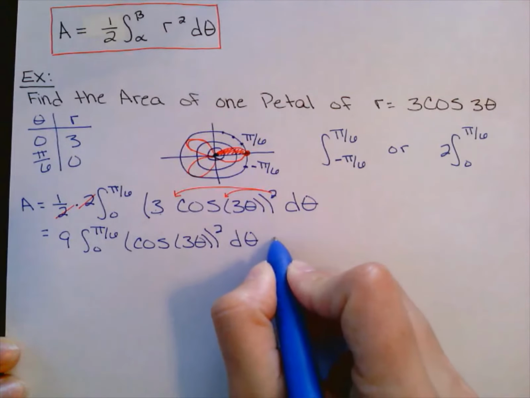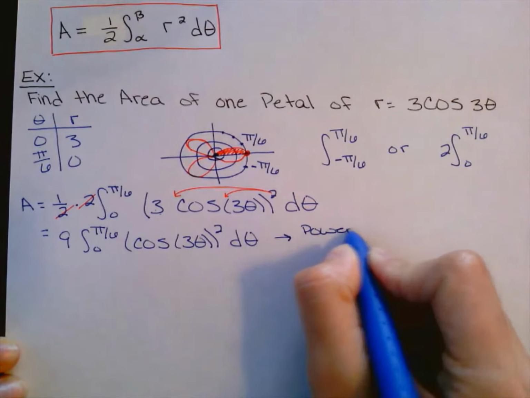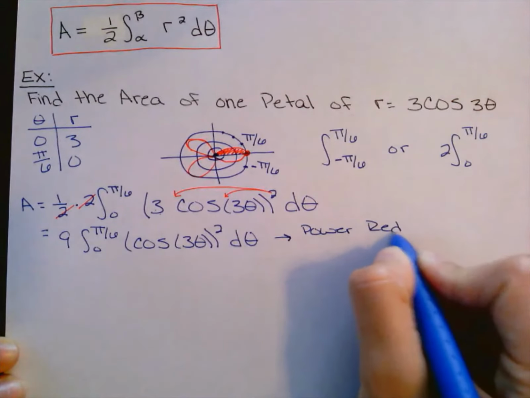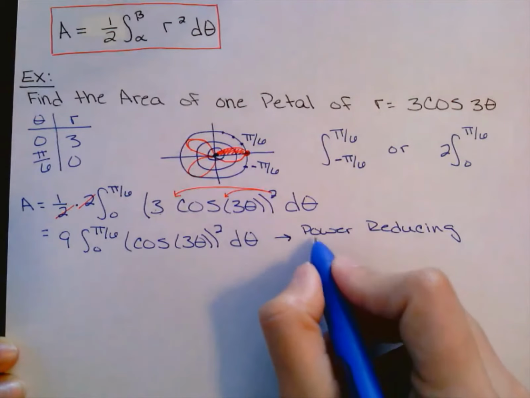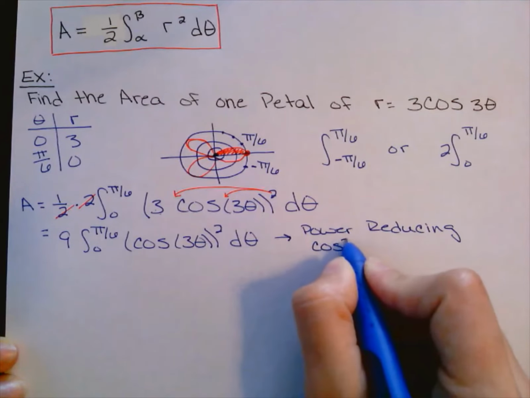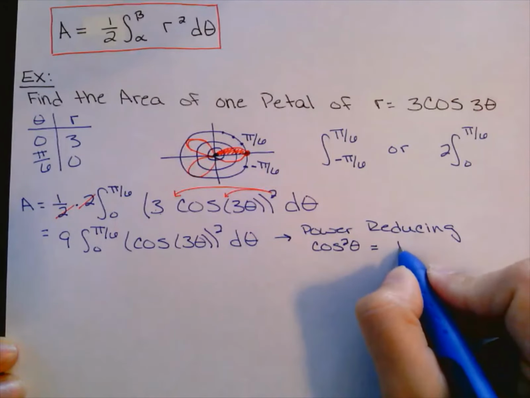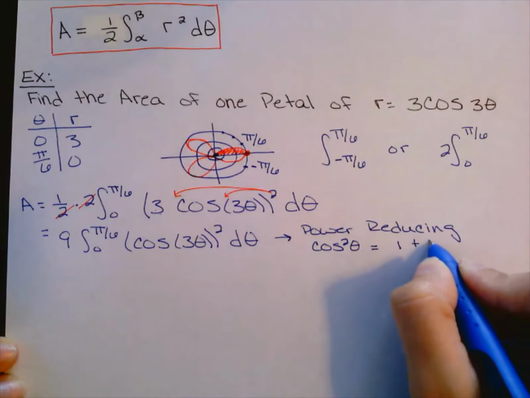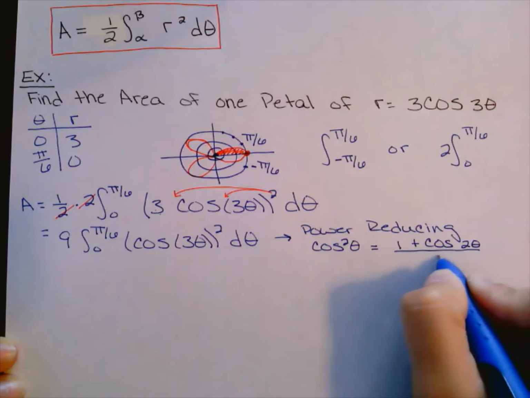So a reminder. Power reducing formula says that cosine squared of theta is equal to 1 plus cosine double the theta over 2.